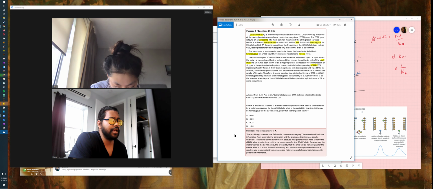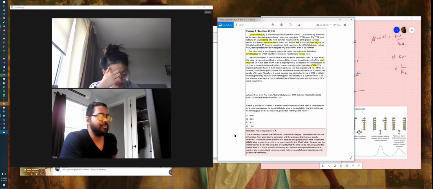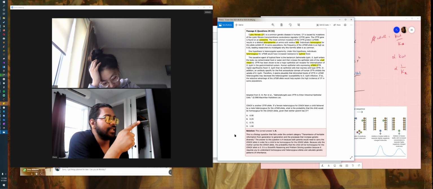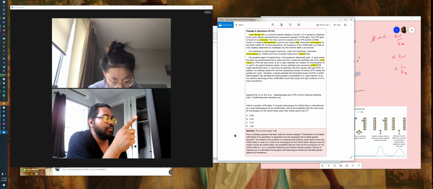If a female heterozygous for this bears a child fathered by a male that's heterozygous for another allele, what is the probability that the child will be homozygous for that one, given that neither parent... Okay, let me take a look. So, cystic fibrosis, all right. It's in the autosome. Oh, okay.